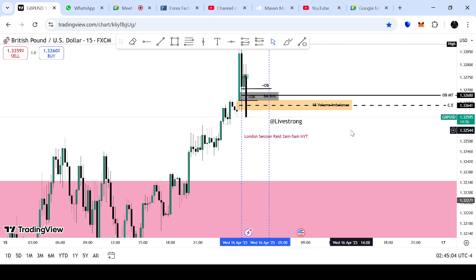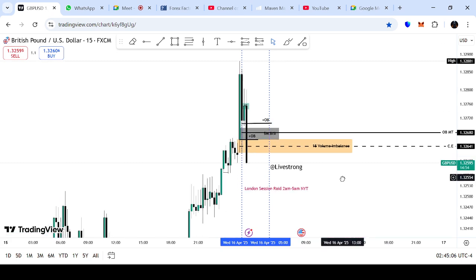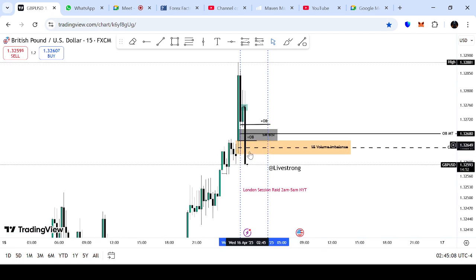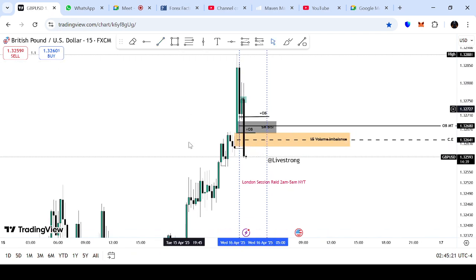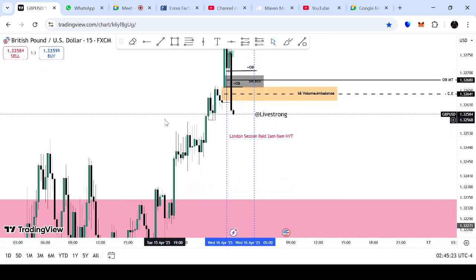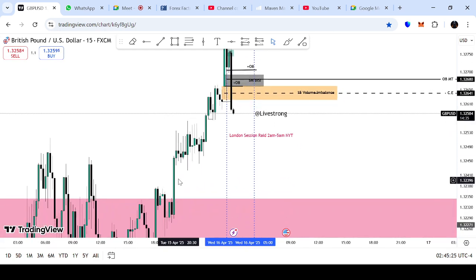A shade below the volume imbalance close. Here is a displacement, a change of structure, market shifting structure. So we're going to anticipate price delivery at this BC.